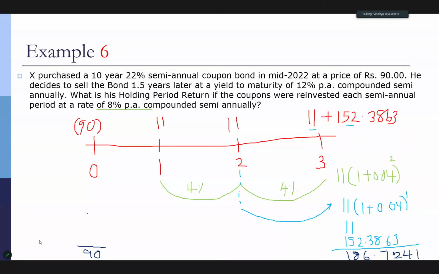Okay, I have two answers that say 186.7239. Let's see, the third decimal place, that's fine. Okay. Go ahead. What is your non-annualized holding period return and what is your annualized holding period return?